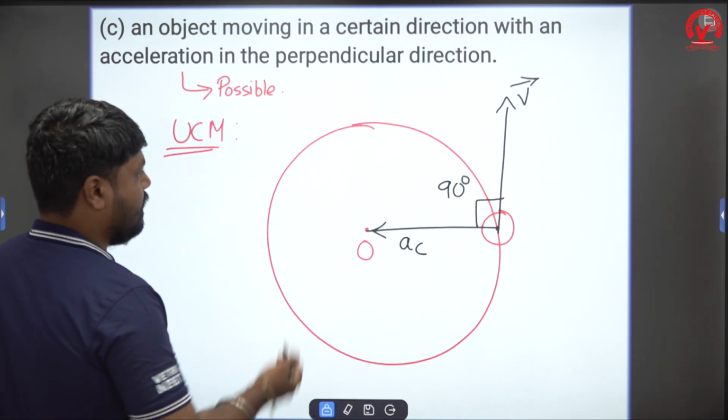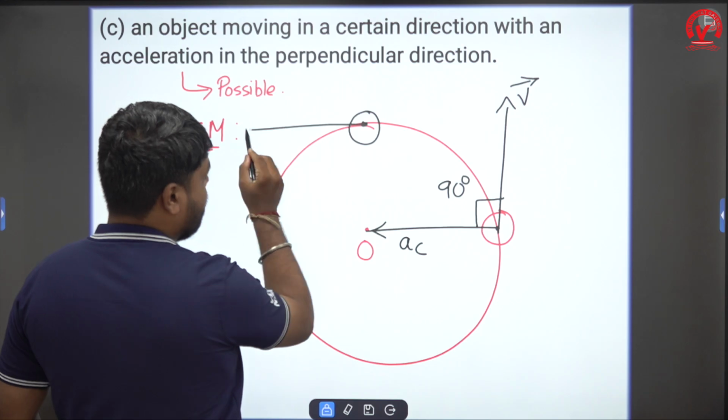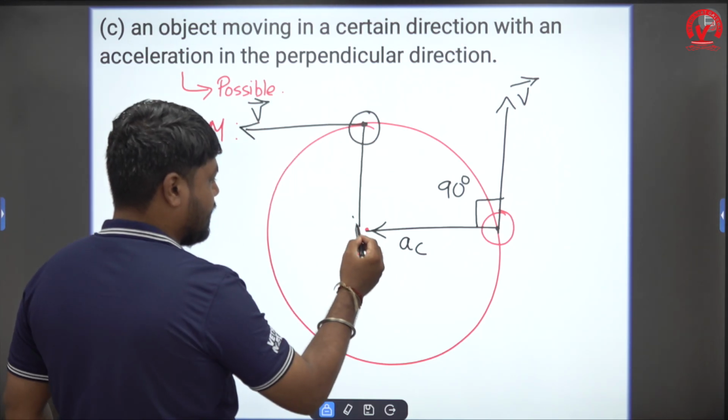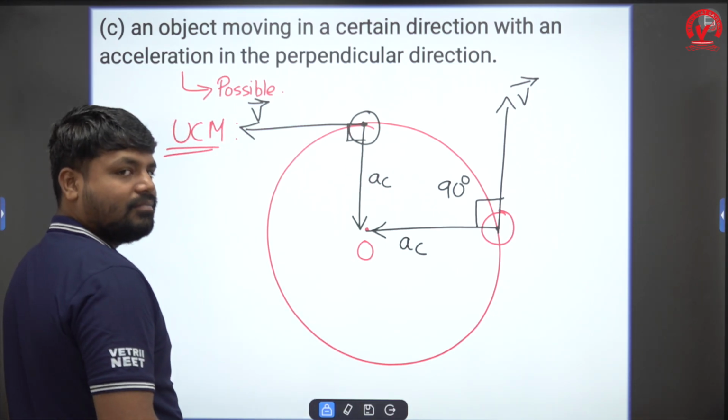We can see here also. Where is the velocity? It is a tangent. The acceleration is always acting towards the center, centripetal. The angle is 90 degrees.